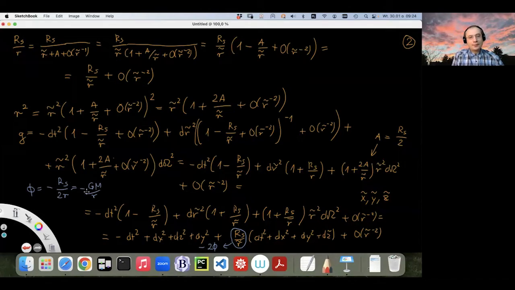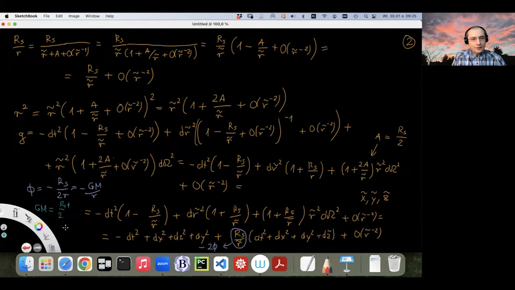And we expect them to match because Schwarzschild is supposed exactly to represent a massive body. So very far away, the metric looks exactly like a Newtonian perturbation of the flat metric with the mass GM equal to rs over 2.